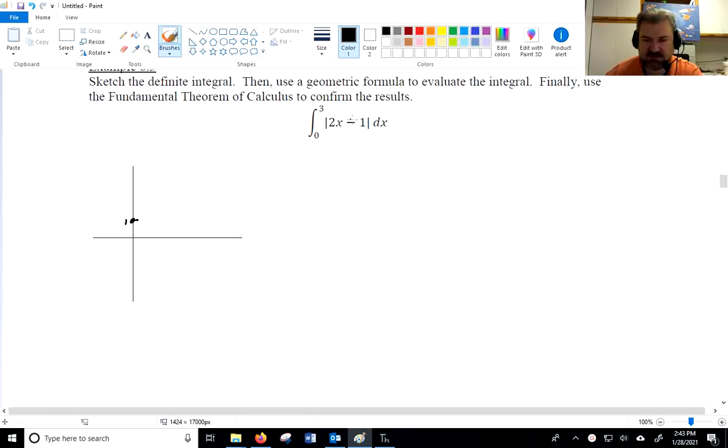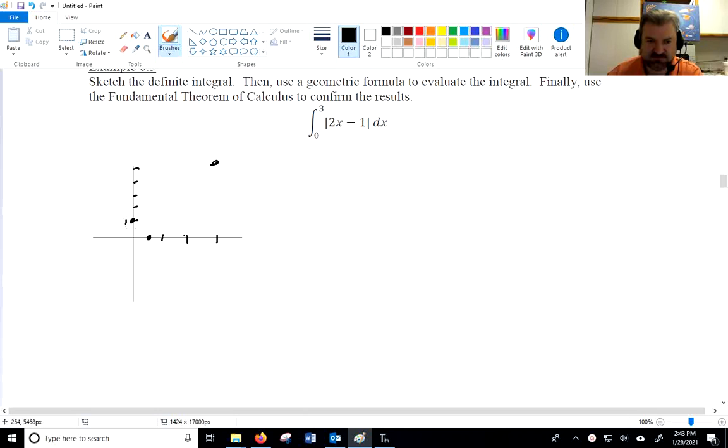If I plug in a half, times 2 is 1, minus 1 is 0. So that's going to be that pivotal point where it switches direction. So I'll call that a half, and then we'll call this 1, and then 2, and then 3. 3 times 2 is 6, minus 1 is 5. So 1, 2, 3, 4, 5.